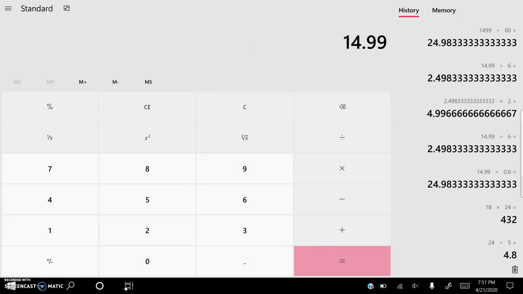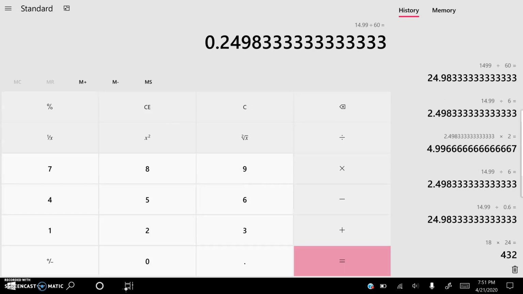Forgot my decimal. There we go. We get about 25 cents. Now, if we're paying $14.99 when it's on sale, does it make sense that the original cost is 25 cents?